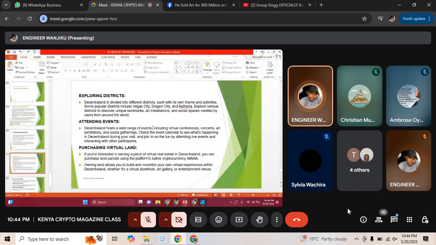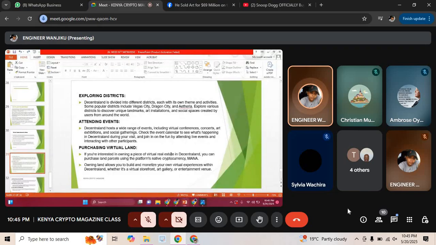For example, the Meta Club events: if you cannot attend them physically, like I did at KCA, they also host those events on Decentraland, so you can attend them there. These include virtual conferences, concerts, art exhibitions, and social gatherings. Check the event calendar to see what is happening in Decentraland during your visit, and you can join any live event.